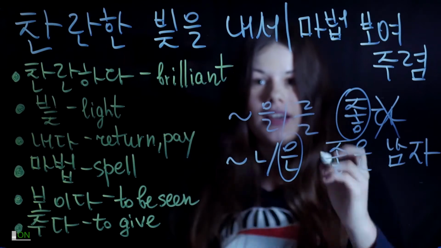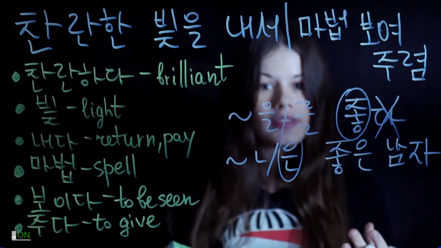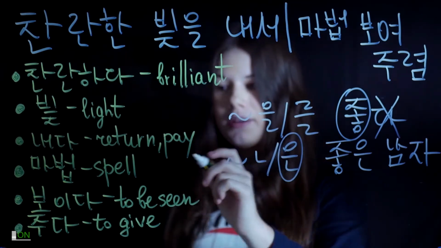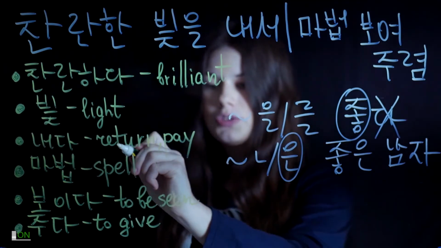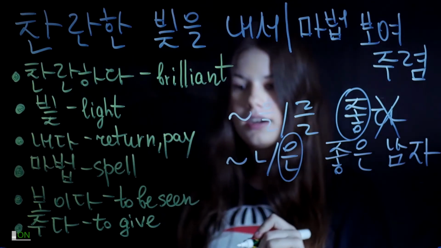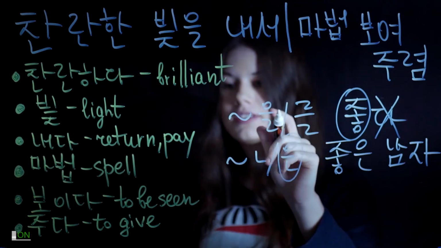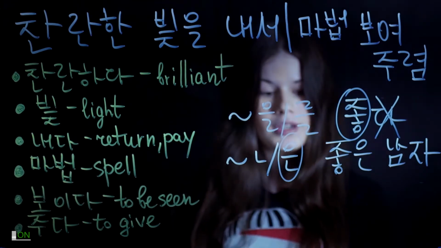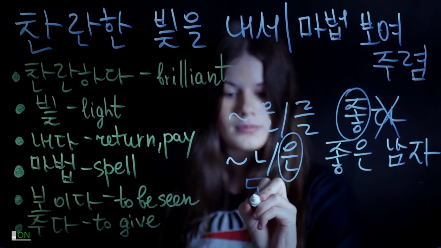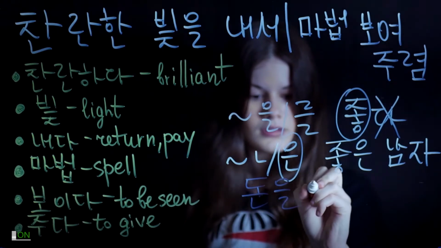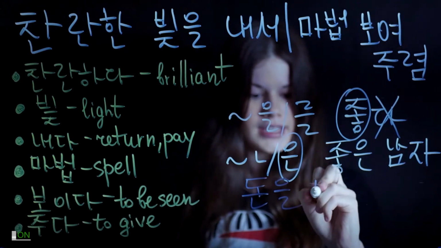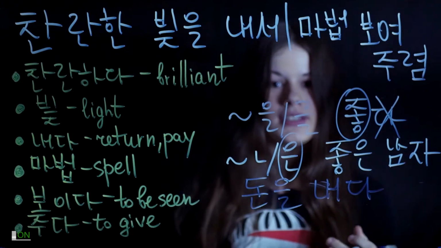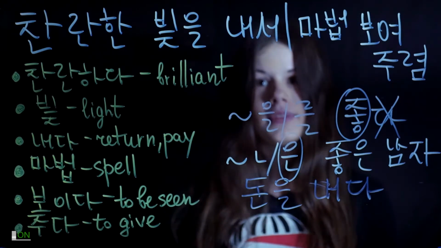Now let's take the word 내서. What is this? 내서 comes from the verb 내다, and it means to emit, or pay. Here in this sentence it means emit, but when we say pay, there is a really good expression. I will give it to you. 돈을 내다. It means to pay money.